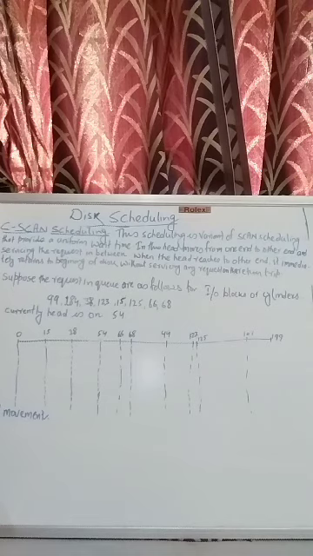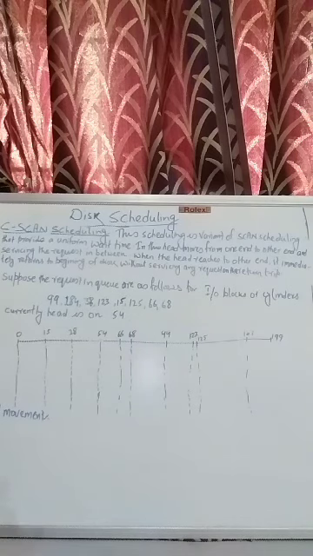So it is the variant of scan scheduling in which no request is processed by the head on the return trip and it immediately returns to the beginning of the disk, that is cylinder 0. So by this all the requests are processed accordingly.